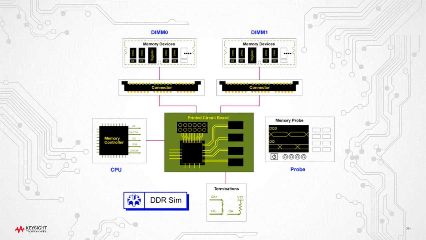So there are definitely things in DDR5 that are coming that are time varying or have some nonlinearity, and that means the DDR bus simulation needs to be moved to a bit by bit type simulation, and that's something we're definitely working on right now.